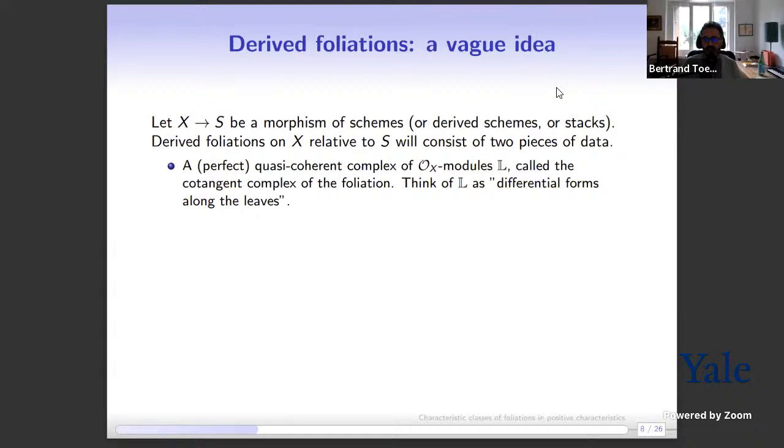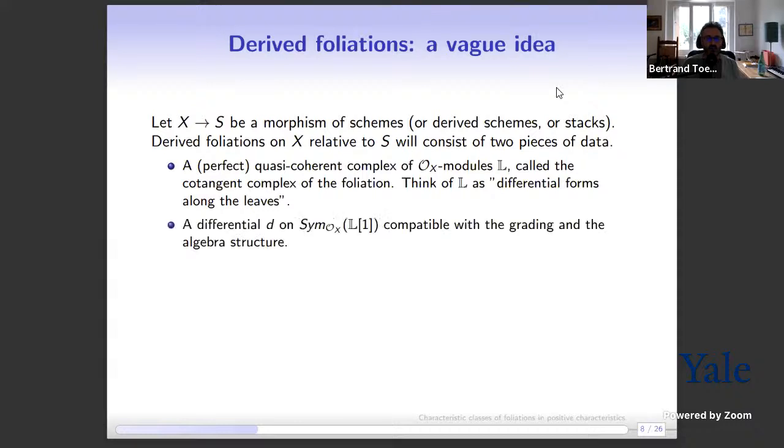And then the second piece of data is a de Rham differential on this L. So you want a differential on the symmetric algebra over L with a shift. And it has to be compatible with the grading, of course, and it has to be compatible with the algebra structure. And this differential will induce a derivation from OX to L, and it has to be compatible with the already existing differential on the cotangent complex of X. So there is a compatibility between D and the usual de Rham differential on the cotangent complex of X. So that's a pretty simple idea.